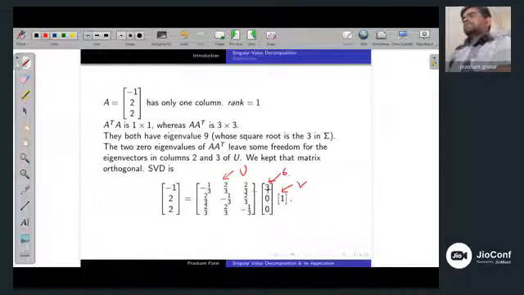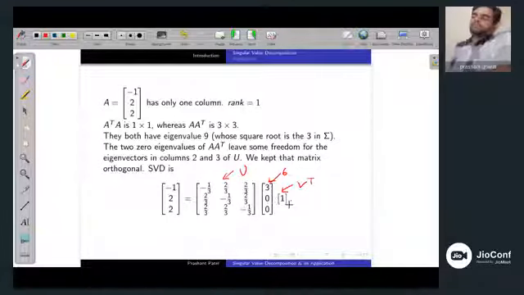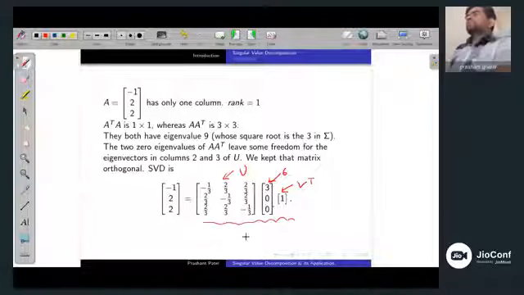This is U, sigma, V transpose. Since it is 1 by 1, it is the same. So this is the singular value decomposition of matrix A, where these columns are nothing but the eigenvectors of A into A transpose, and so on.